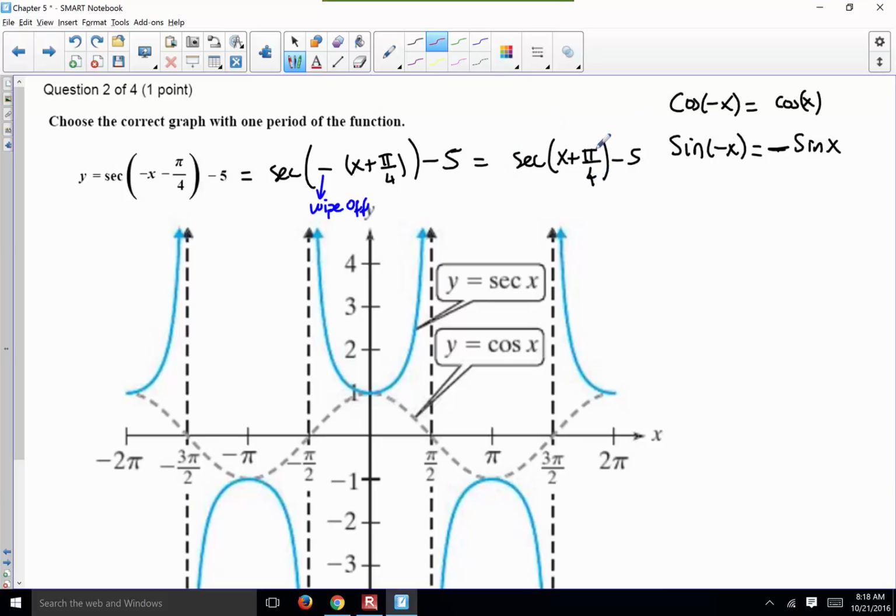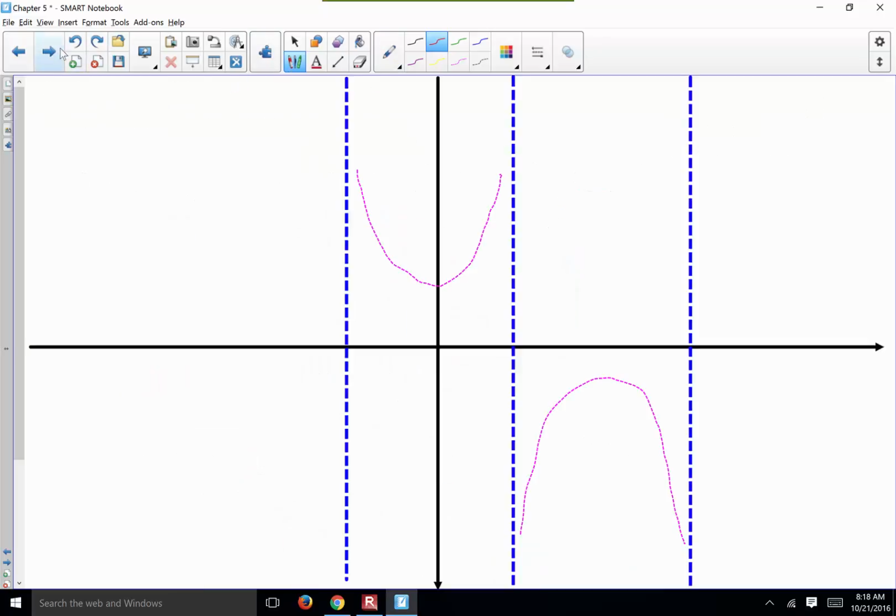Alright. I'm going to first make a shift of pi over 4. How? I will just start from scratch and do this. Regularly, this was minus pi over 2, this is 3 pi over 2, this is pi over 2.